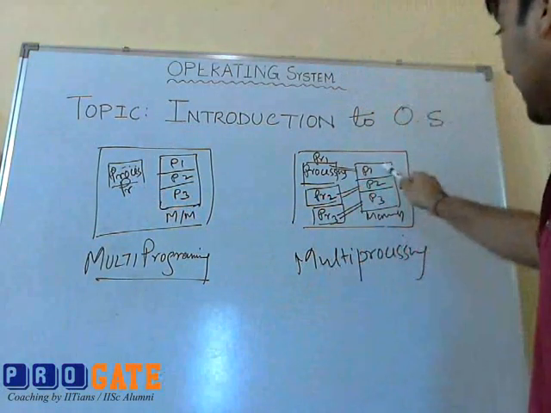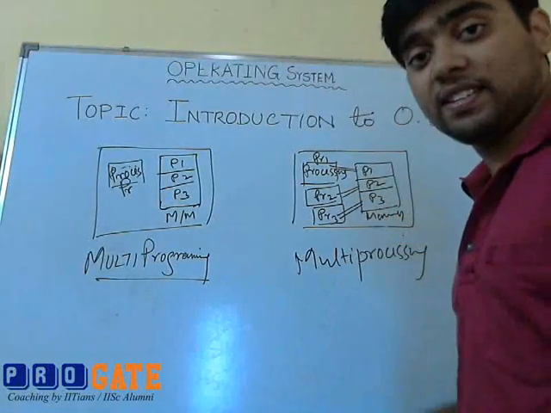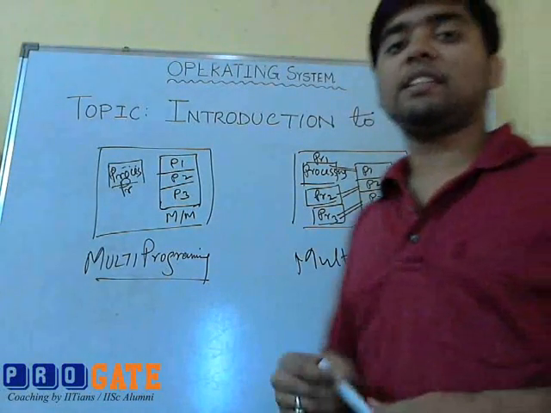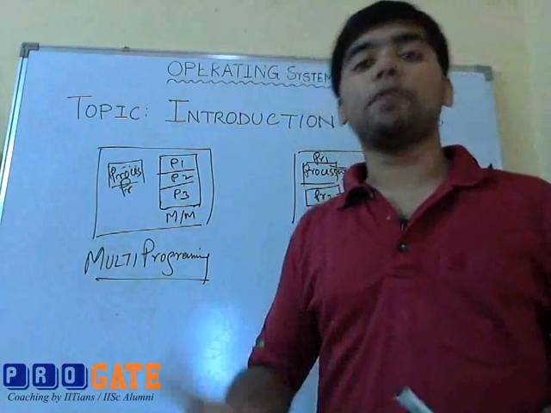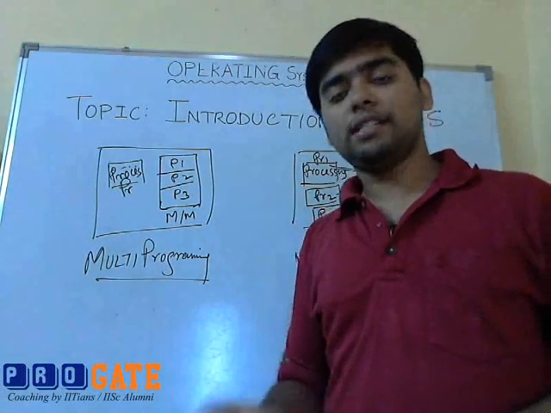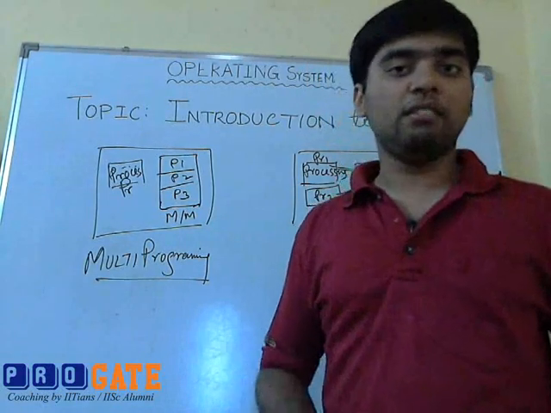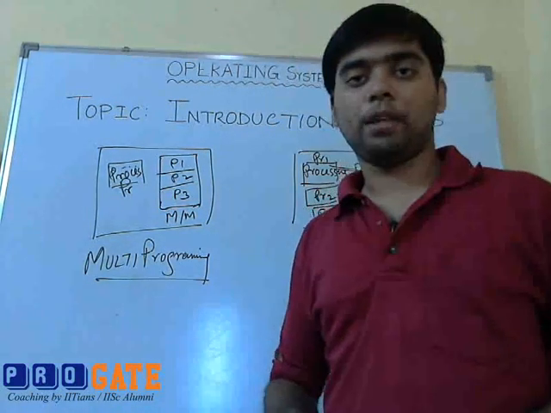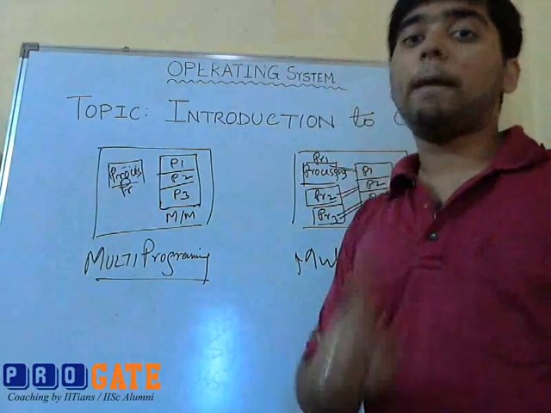But here, there are multiple programs and also multiple processors. So this is the main difference between multi-programming and multi-processing. A system that is multi-programming can be multi-processing or can be single processing. But a multi-processing system would always be multi-programming.